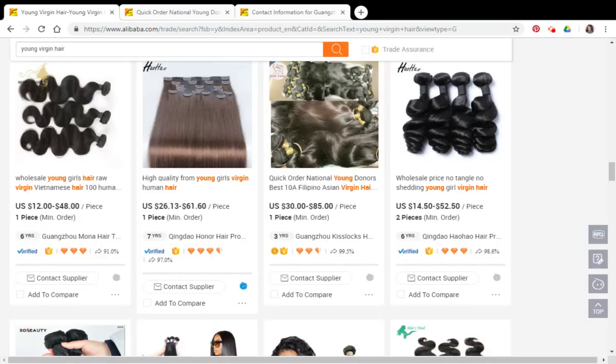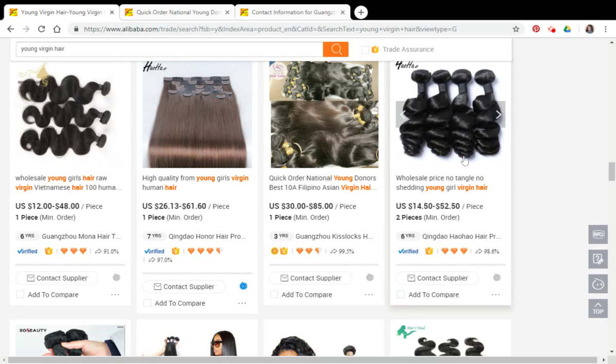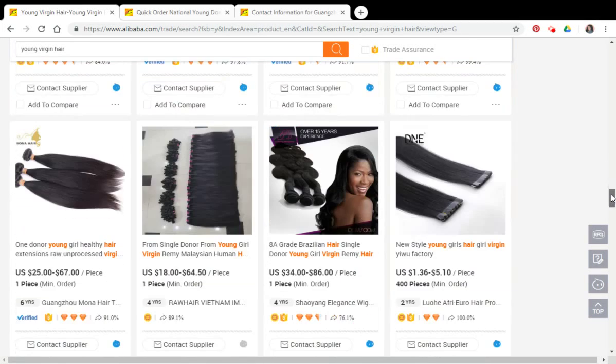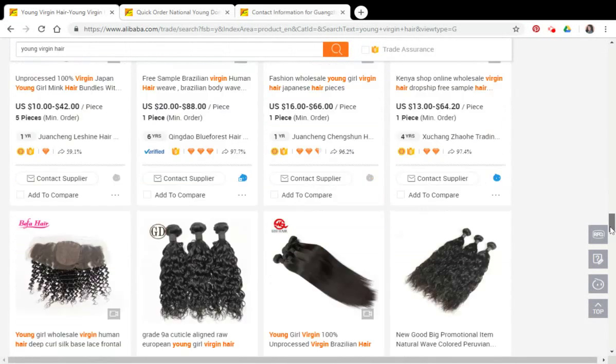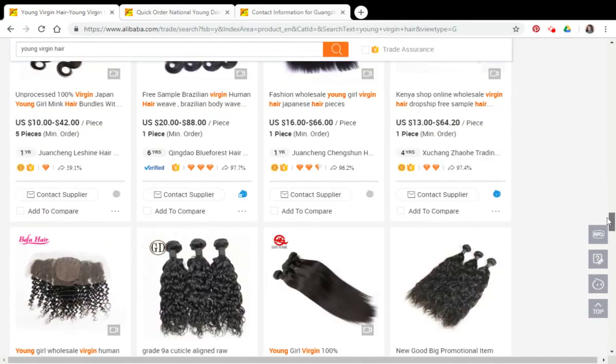Okay, so there are Alibaba.com companies that sell decent quality, potentially decent quality machine wefts. We just found 2 in the span of 15 minutes. So let's go, and there's some other ones on here that could potentially be part of your list.